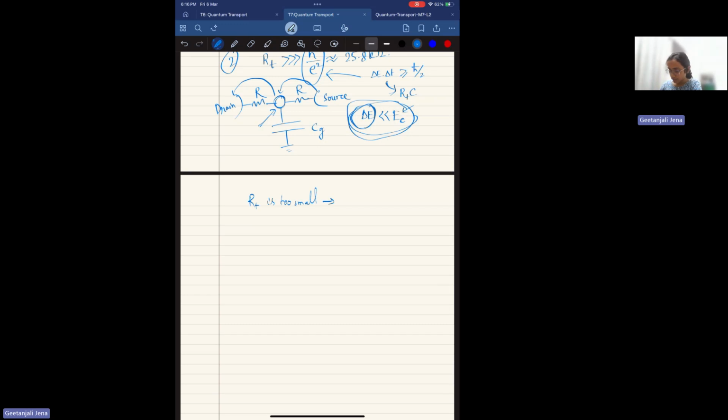So there will be a large fluctuation in the number of charge carriers present in the dot region. The number of electrons in this quantum dot region is not well defined. Because of this, it will behave like a classical conductor with continuous charge.